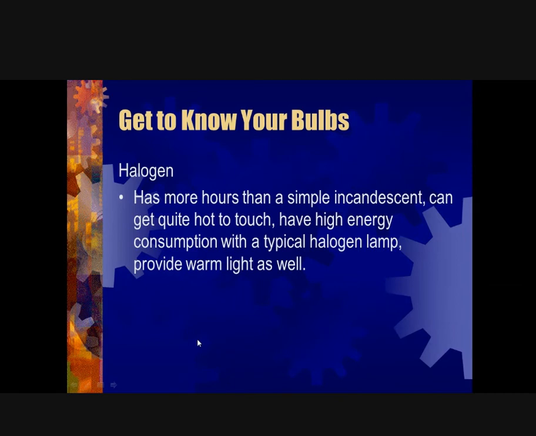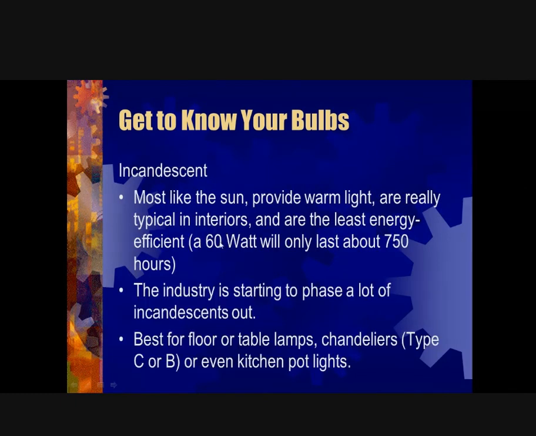Now, when we talk about your halogen lamp, it has more operating hours than a simple incandescent lamp, can get quite hot to the touch, has high energy consumption, and provides warm light as well as that of the incandescent lamp.